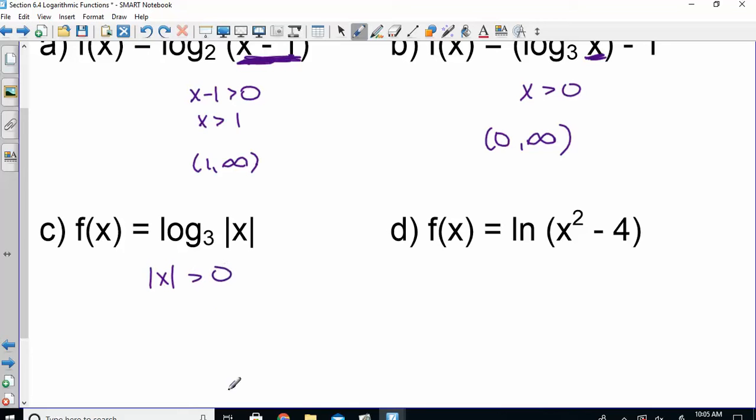So this is saying like the absolute value of x has to be positive. Which it always is, except there is one number that x can't be. 0. Because we can't do the log of a 0. The absolute value makes it always positive, but we can't have 0. So I want everything smaller than 0 and everything bigger than 0. The only time that would ever happen is that absolute value there.